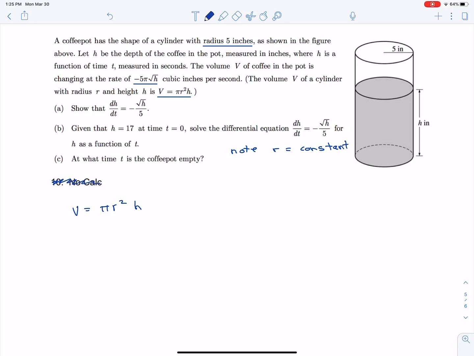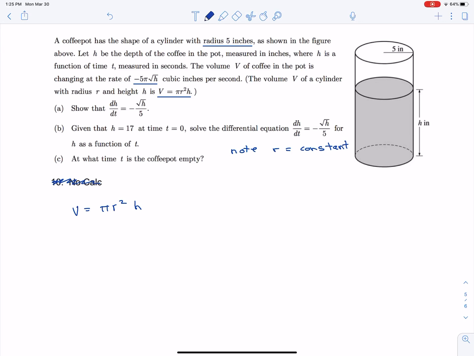As water or coffee goes into this thing, the height's going to change, so h is a variable because it changes as time goes by. The volume of this thing changes as time goes by, but the radius never changes. It doesn't matter how much liquid is in this coffee pot, the radius will always be 5. So it is a constant, which means I have to treat it like a constant.